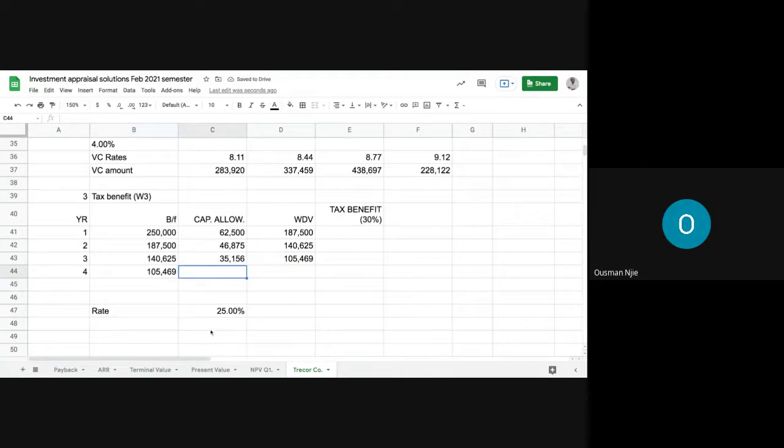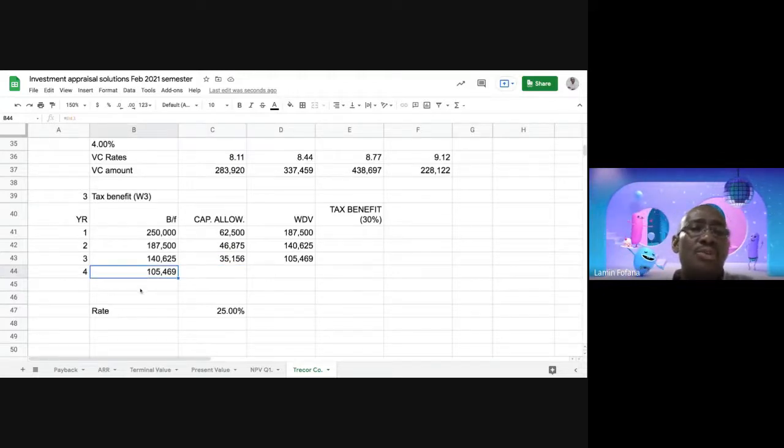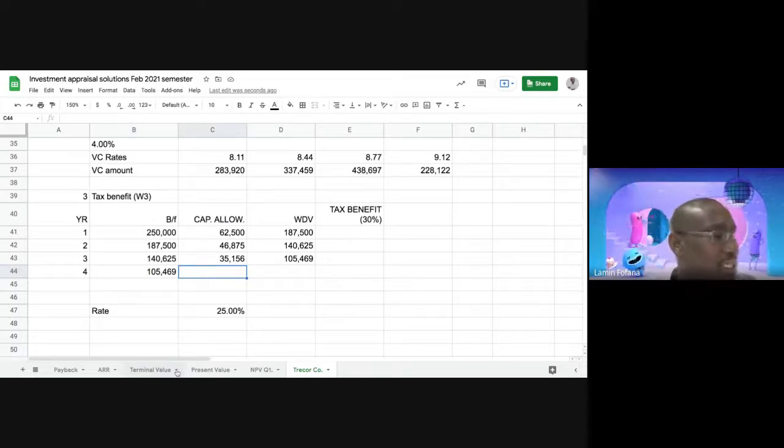Now, what will be our capital allowance at the end of the year? We shouldn't have any written down value because everything is going to go. The asset will be sold. So our capital allowance will be this value less the scrap value, and the scrap value is 5,000.